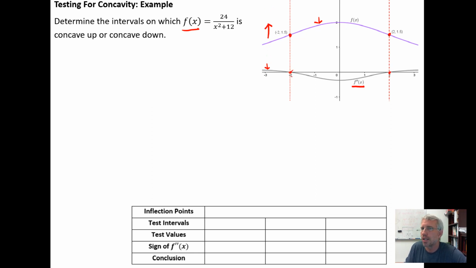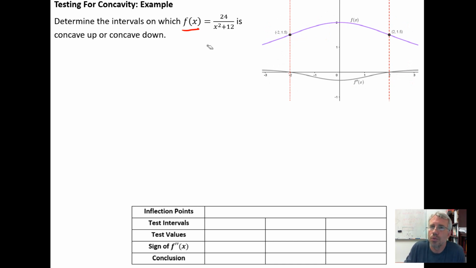But between negative 2 and 2, these two inflection point values for x, I see that the second derivative is negative, so I expect my graph to be concave down between those two values of x. And here the second derivative is positive, so once I get past 2, I expect my graph to be concave up. So that's what I expect based on a graphical analysis.